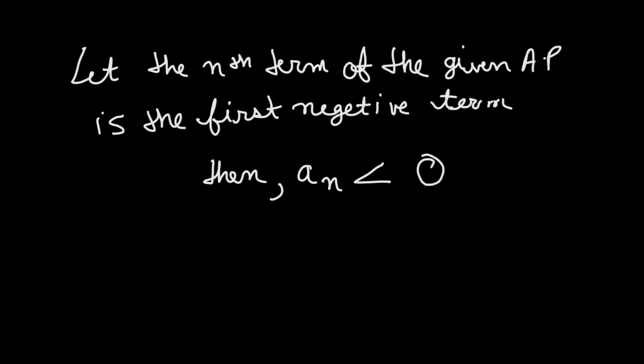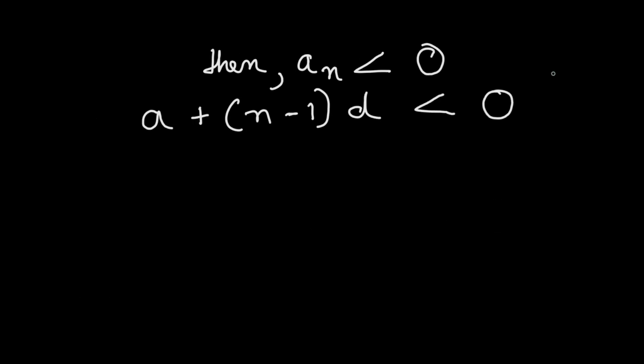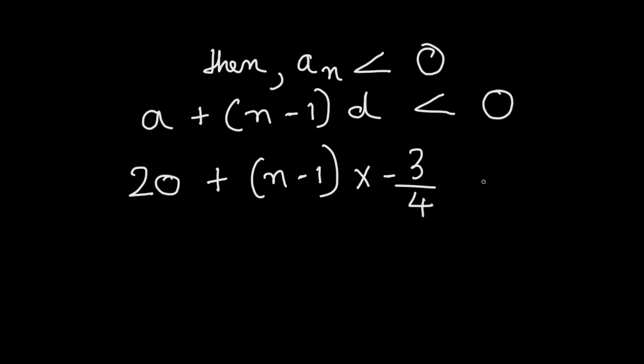So here we know the formula for the nth term is a plus n minus 1 d less than 0. As we know, the value of a is 20. The value of common difference which we already calculated is minus 3 by 4.